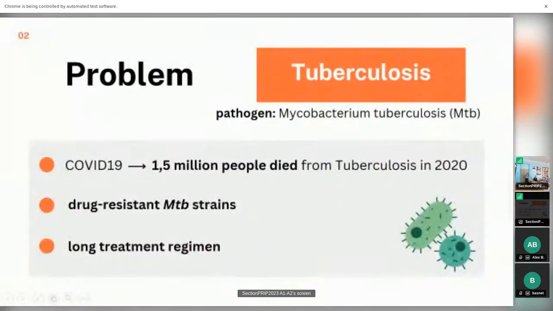The problem I'm going to solve is tuberculosis treatment. We know that in 2020, according to the World Health Organization report, 1.5 million people died from tuberculosis. It happened partly due to the COVID-19 pandemic, but we also know that tuberculosis treatment nowadays is a pretty strict and long process.